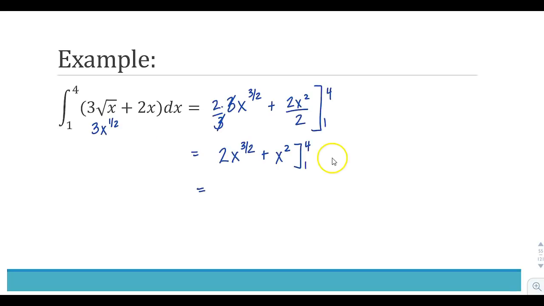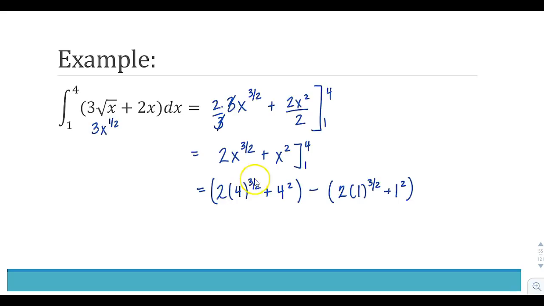And I substitute in 4 into each x, into the entire antiderivative. So 2 times 4 to the 3/2 plus 4 squared. All of that minus, substituting in 1, 2 times 1 to the 3/2 plus 1 squared.